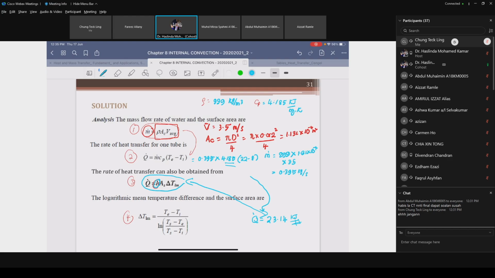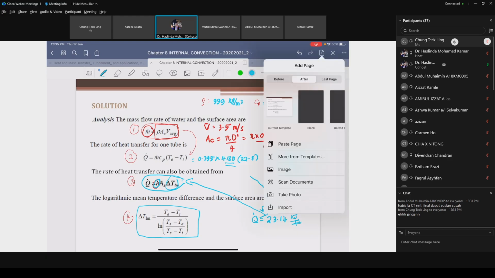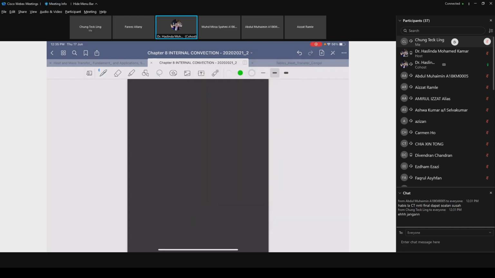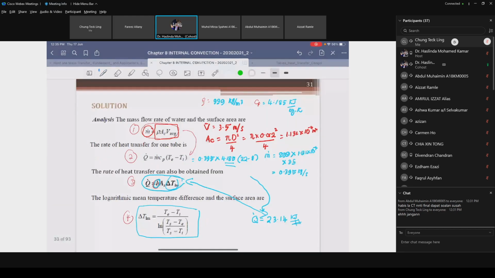So for determining this logarithmic mean temperature difference, we will use this equation. I have discussed this in my previous lecture. Based on that equation, tak hafal kan? Dia ada three different methods.